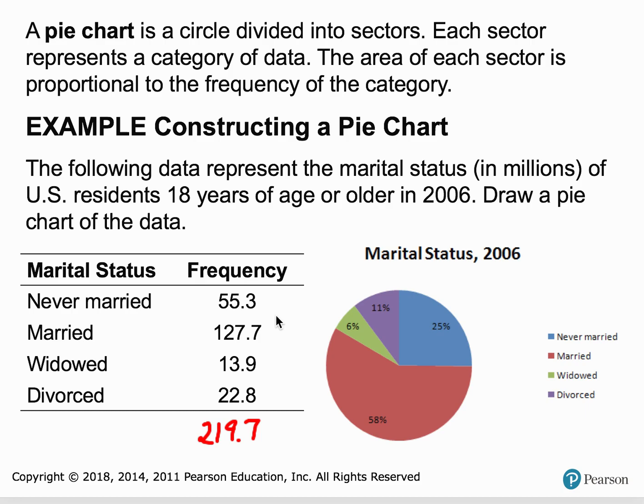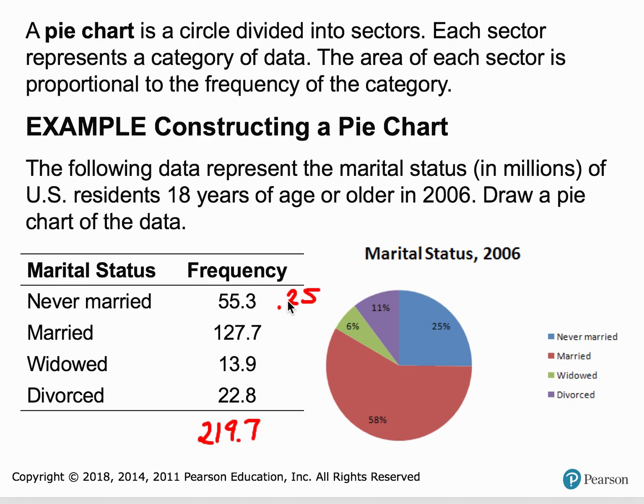So 55.3 divided by 219.7 is 0.2517. We're going to round that to 0.25, and notice never married is the blue sector, and they've got 25%, which is 0.25 as a percent.